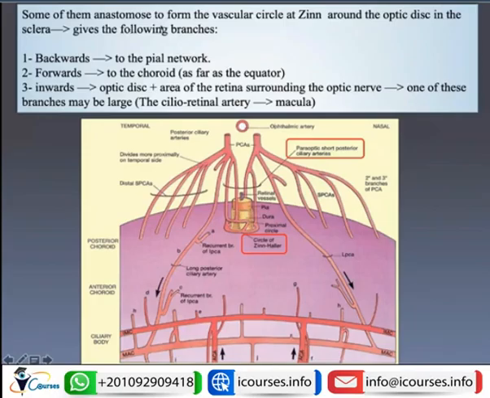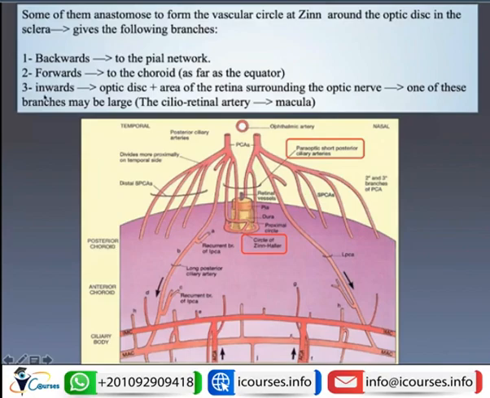So what are the branches? Branches of the ciliary arteries are, some branches go backward to supply the pia mater, while some other branches go forward to the choroid as far as the equator. The short posterior arteries supply the posterior choroid.